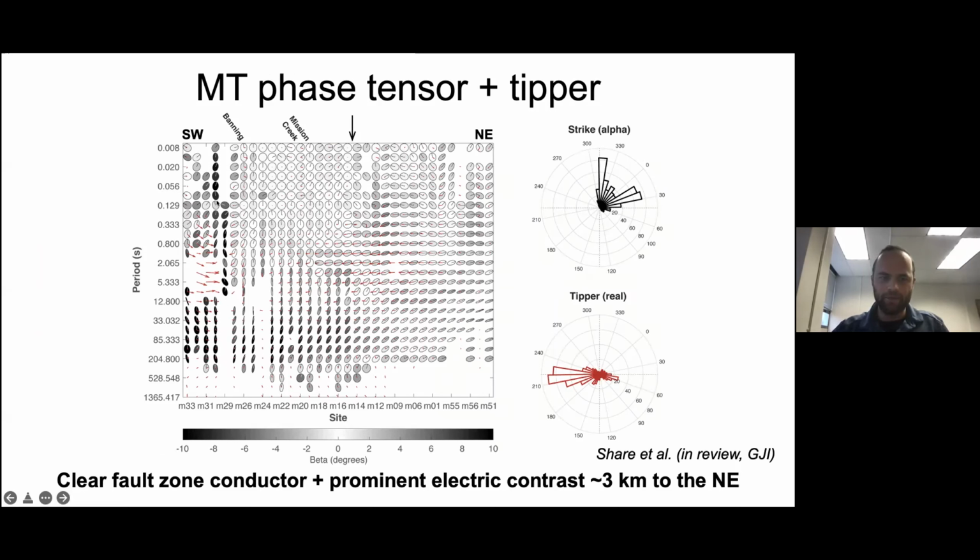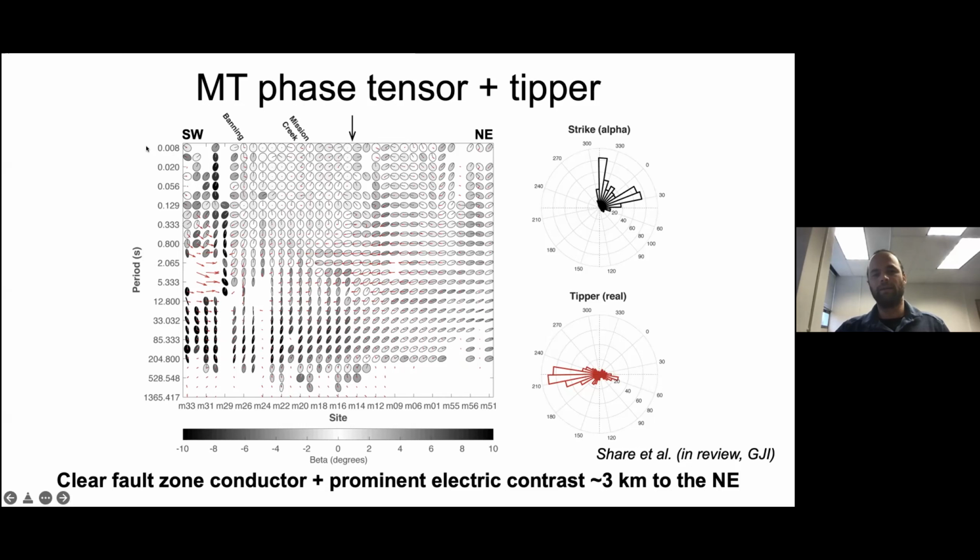So you can clearly see, if you just focus in on these arrows for now, on the southwest side, all these arrows are pointing towards somewhere beneath the fault zone. Same for these tipper arrows up to a certain period. For the northeast side, they are already indicating that we have some very conductive material right beneath this fault zone.